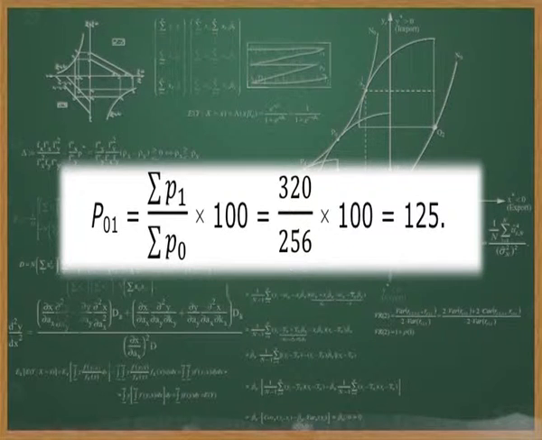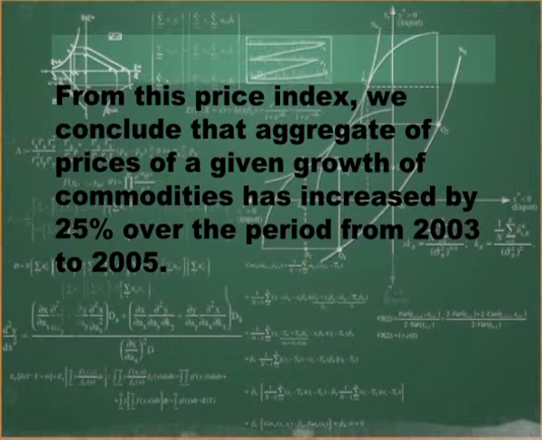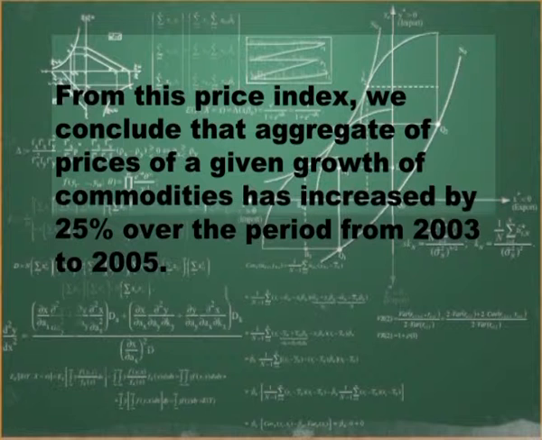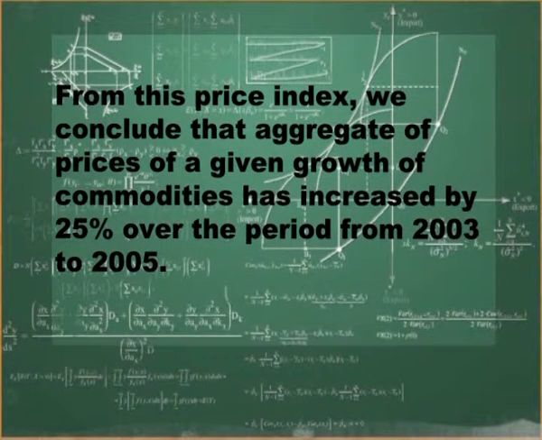So that gives us 320 by 256 into 100, which is equal to 125. From this price index, we conclude that aggregate of prices of a given group of commodities has increased by 25% over the period from 2003 to 2005.